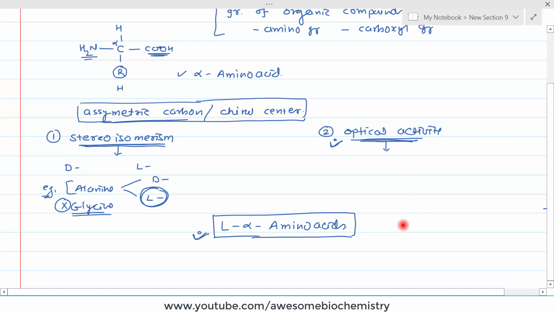The D form of amino acid is rarely seen, and especially in the bacterial cell wall. So, whenever simply amino acid is written, we consider it an L-alpha amino acid, and whenever we want to specify D amino acids, we have to specifically write D. So, remember, for the biological system, L-alpha amino acid is the most prominent form.